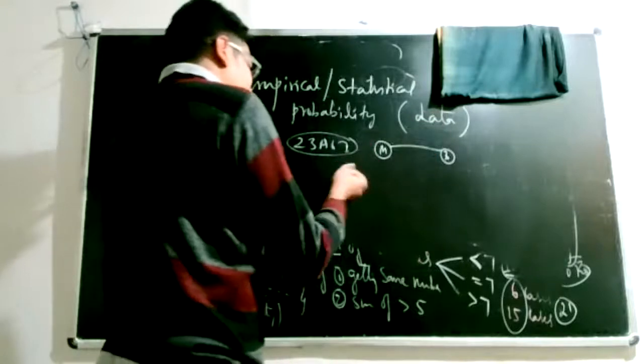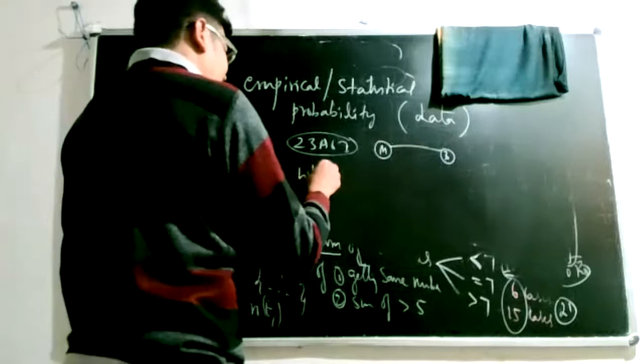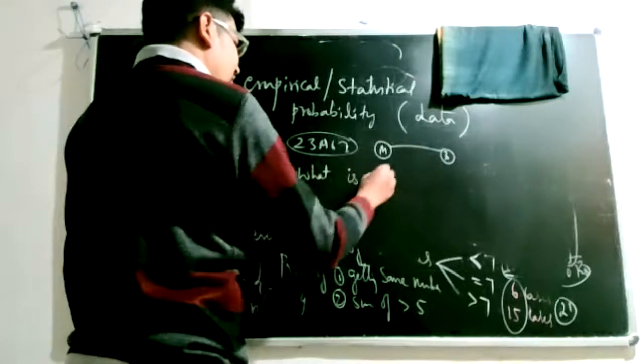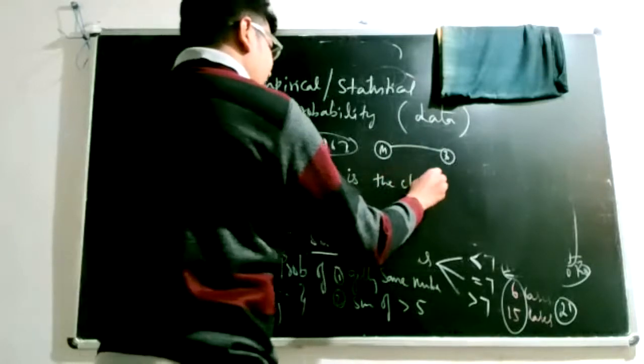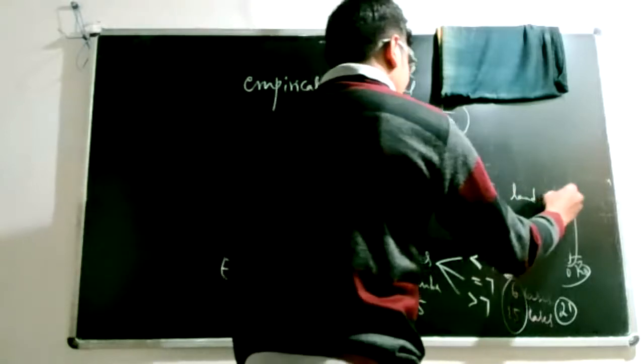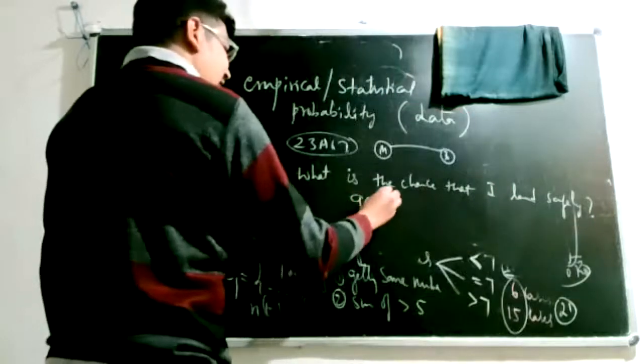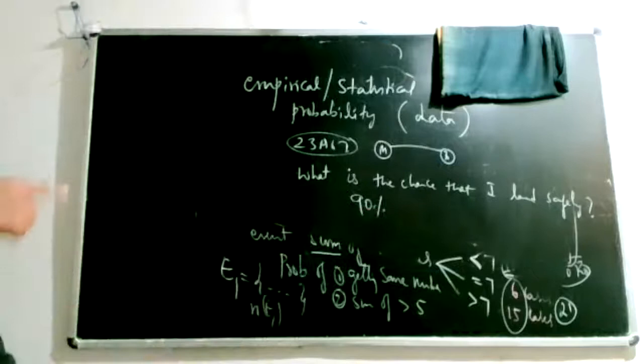Now, as a traveler, I need to answer this question: what is the chance that I land safely? Even if the pilot says that there is a 90% chance that he will land safely, he is not giving a guarantee for the remaining 10%.